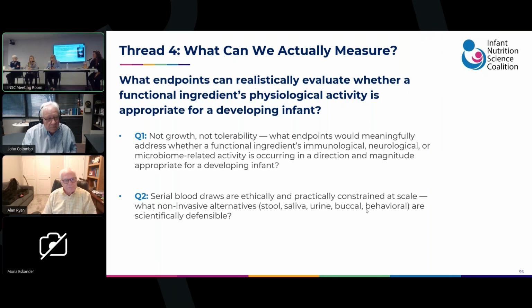We've published on this, showing we can get a better signal-to-noise ratio by having trained experts rate stool consistency. What we have seen overall is that parents tend to gravitate toward extremes, either all fluid and diarrhea, or they actually won't tell you a baby is fully constipated.